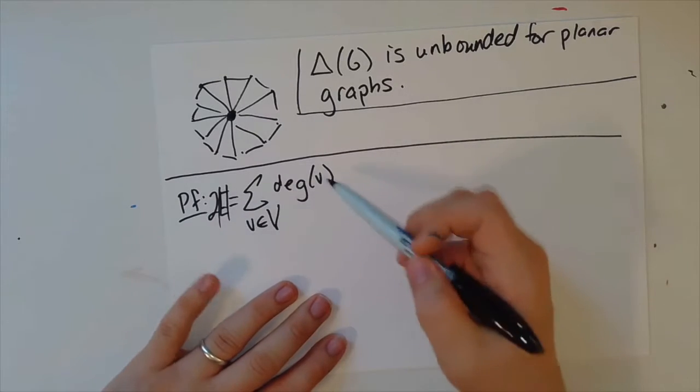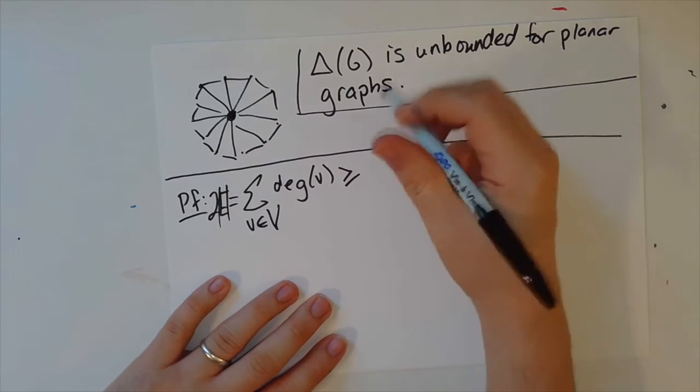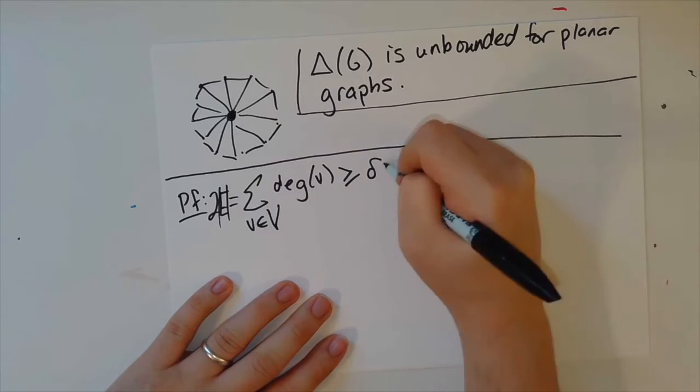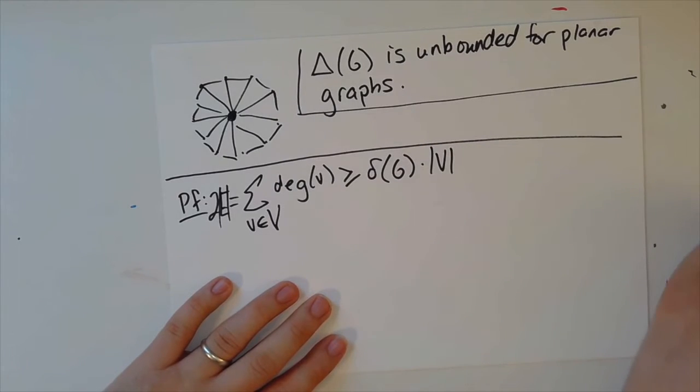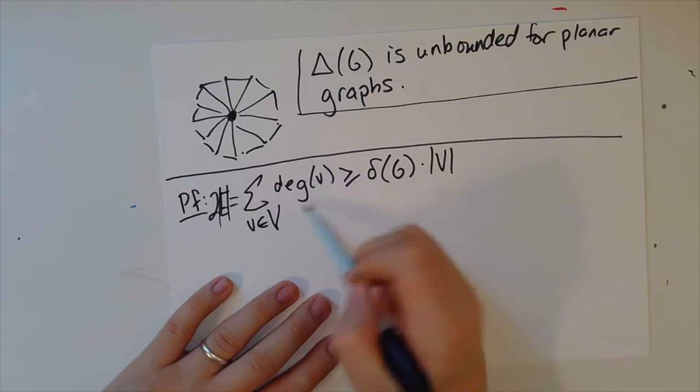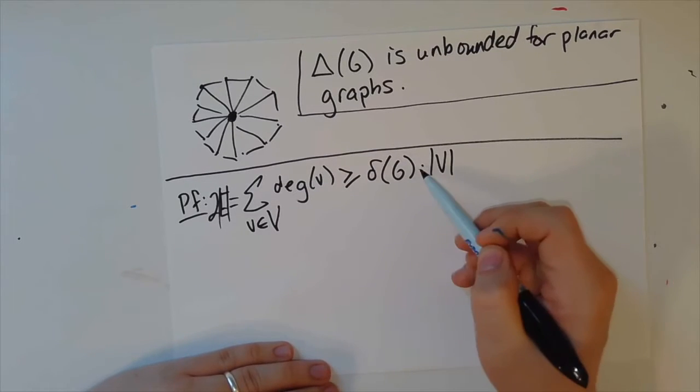But now, this number is certainly larger than or equal to just summing delta of g vertex many times, right? Every one of these degrees is individually at least as big as delta, because delta is the smallest degree.